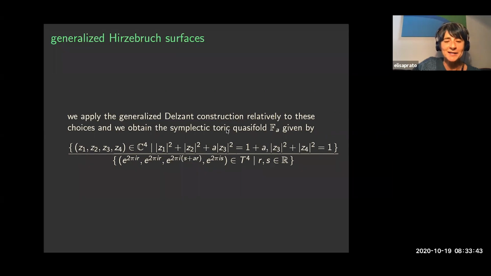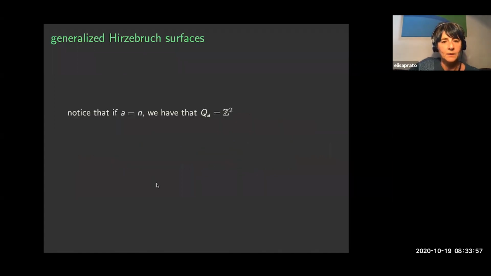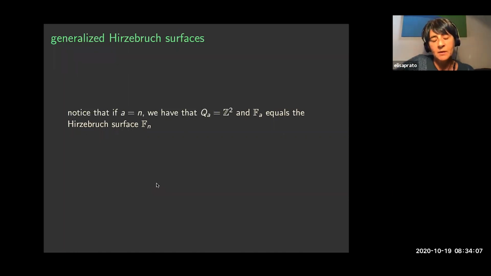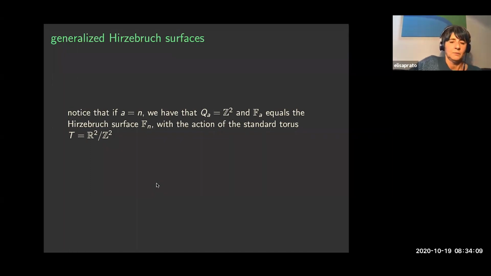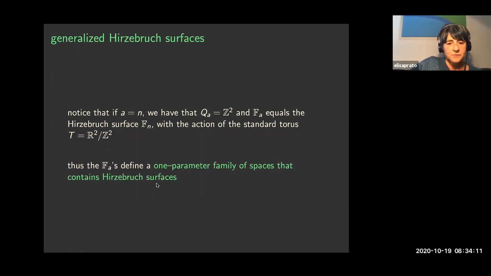If we go back, this is exactly this, and look at what we had written earlier. I'm not going to do this, but it's exactly the same as before, but with an a instead of n. In fact, if a equals n, Q_a is Z², and F_a equals the classical Hirzebruch surface F_n with the action of the standard torus.